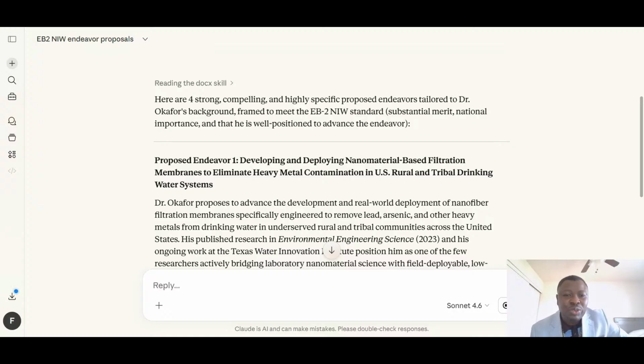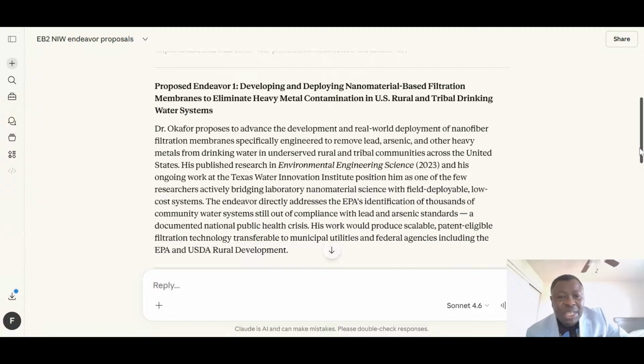Here are 4 strong, compelling, and highly specific proposed endeavors tailored to Dr. Okafor's background, framed to meet the EB-2 NIW standards: substantial merit, national importance, and that he is well positioned to advance the endeavor. Proposing developing and deploying nanomaterial-based filtration membranes to eliminate heavy metal contamination in US rural and tribal drinking water systems.